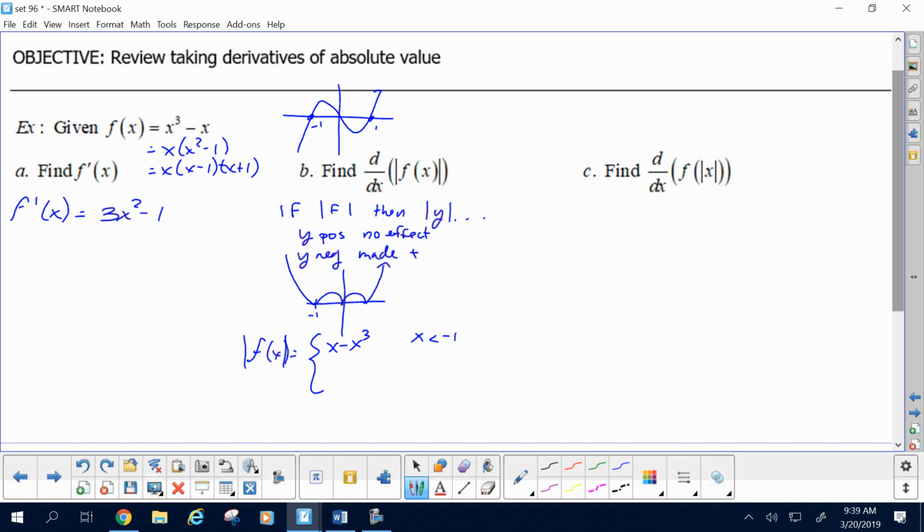The part from -1 to 0. Opposite or the same? Same, x cubed minus x. The part from 0 to 1. Opposite or the same? Opposite. And from x greater than 1. Same, yay?